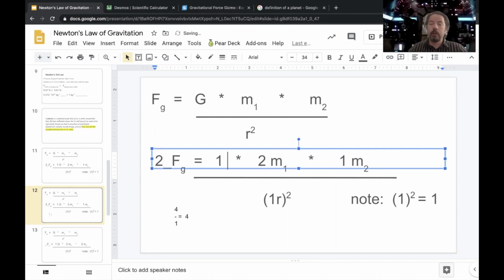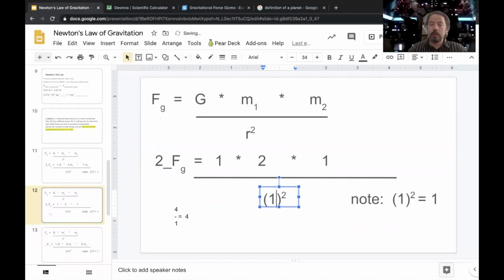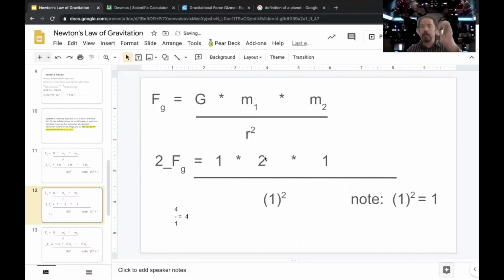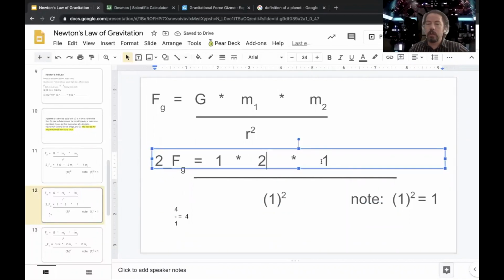So a simple way to look at this is you get rid of the extra variables because it can be confusing. And now we just do this. 1 times 2 times 1 is 2. Divided by 1 squared is still 2. Okay? If I double both masses, 2 times 2 is 4. Divided by 1 squared is 4.